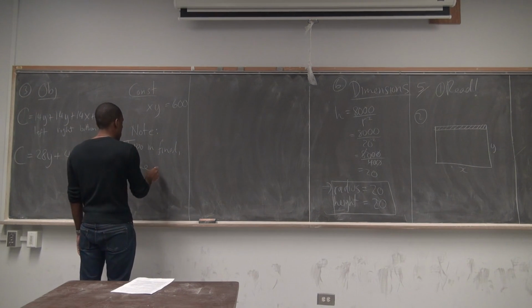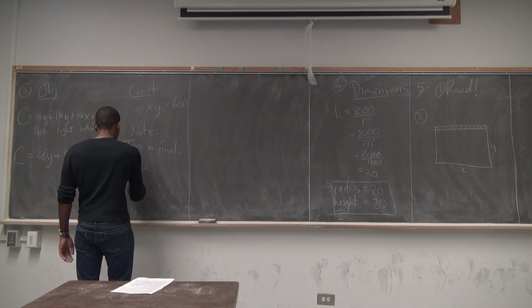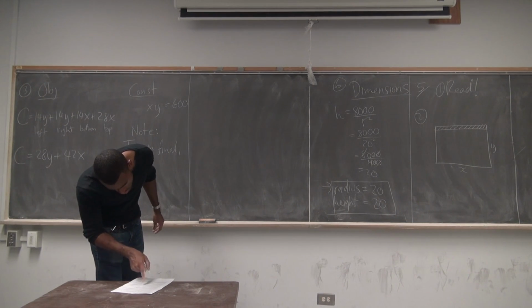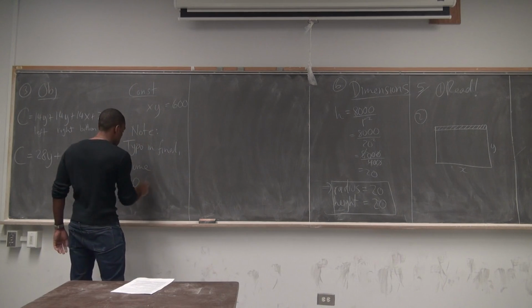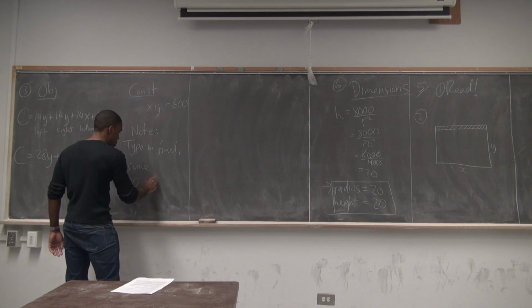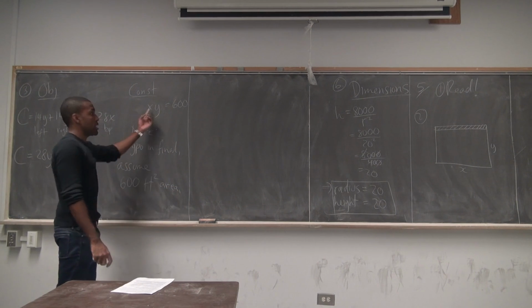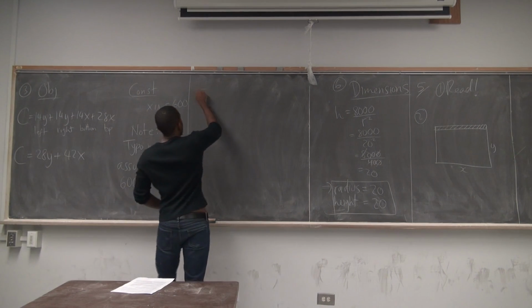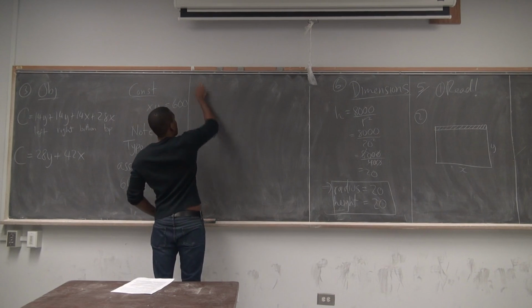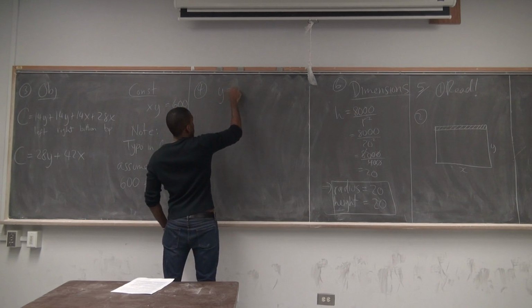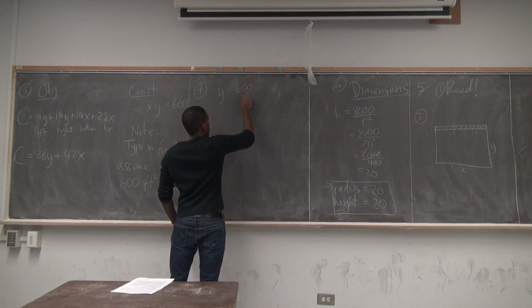Assume 600 feet squared, area. So you have x times y is 600. So in step 4, we solve for y equals 600 over x.